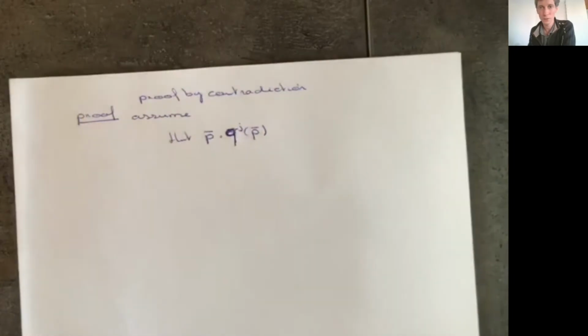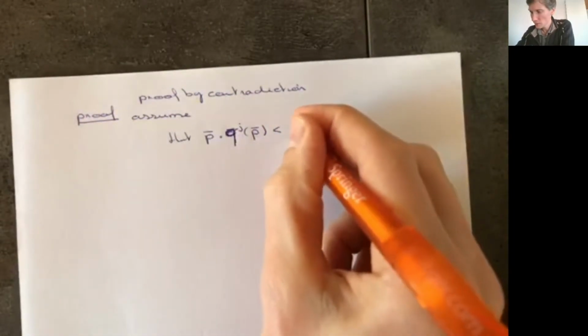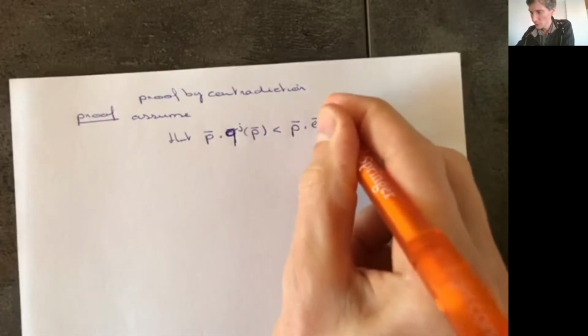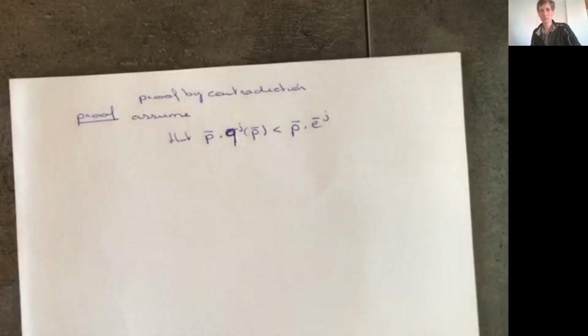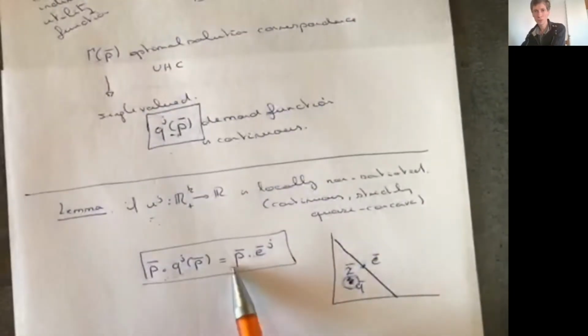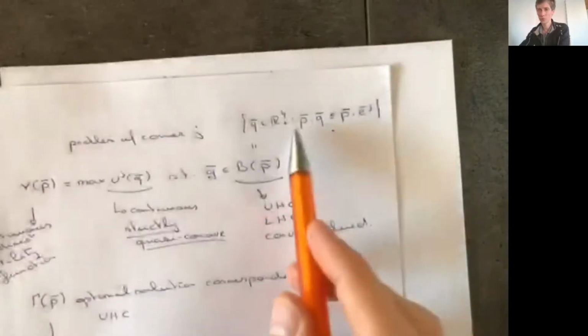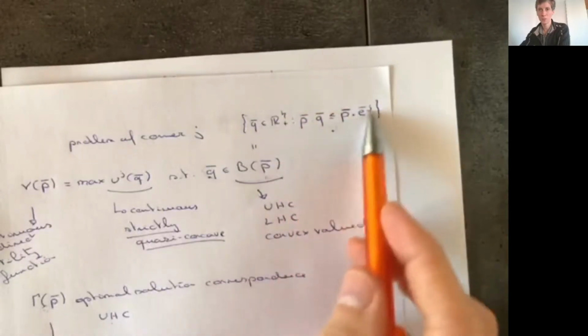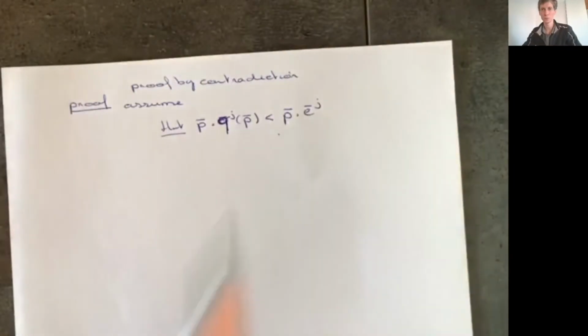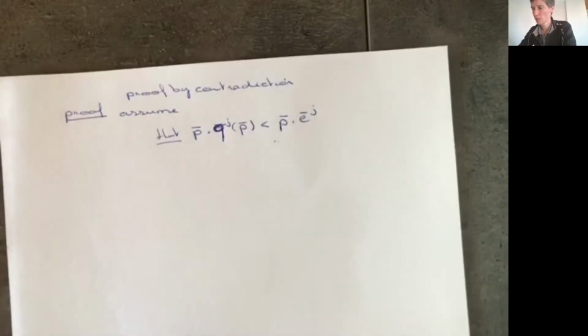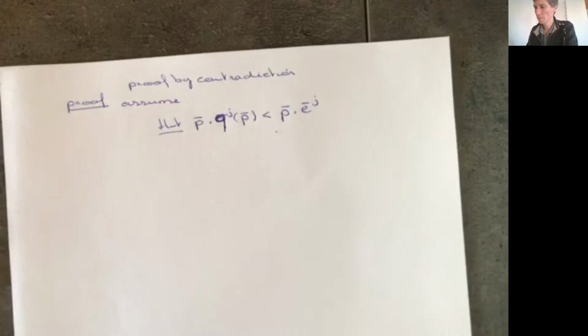So let me write it like this, is strictly less than P times the endowment. Okay, so that's my contradiction, because remember, this is the optimal bundle, so it has to be in the budget set. So we need to have a weak inequality here. If it's not an equality, then it has to be a strict inequality. Okay, so this is my assumption.